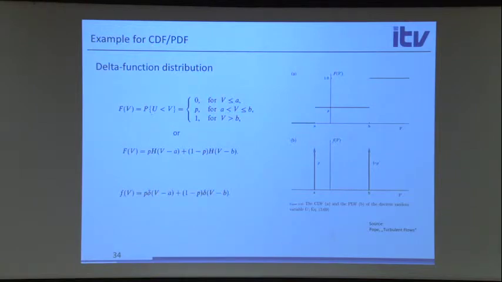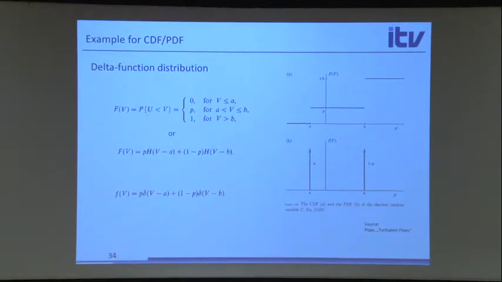Here's another one, the delta function. That's something we'll use later on. The delta function is nothing else than an infinitely large value at a certain position, and it is defined such that if I integrate it, it has an area of 1.